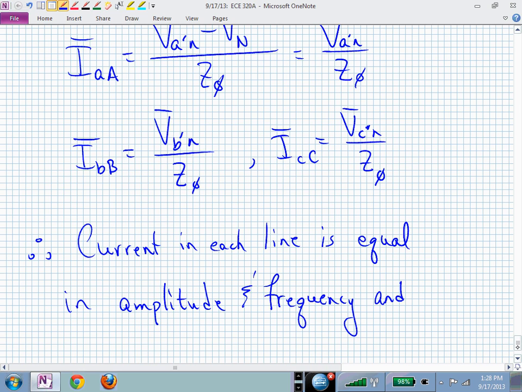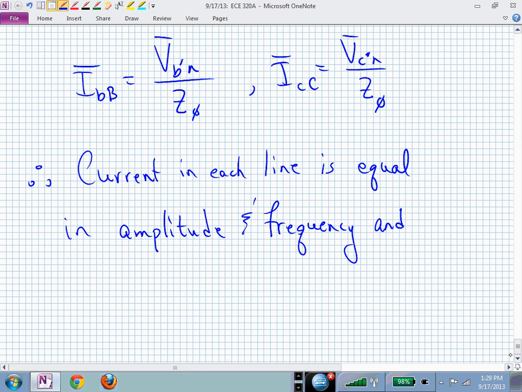But now they are related by the angles of our voltages, because the Z is going to just subtract off or add the same amount to each one. So however separated our voltages were to begin with, that's how our currents are now separated, relative. They may not be the same angle, but they will all be offset 120 from each other.